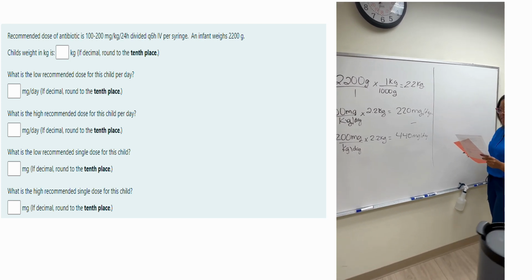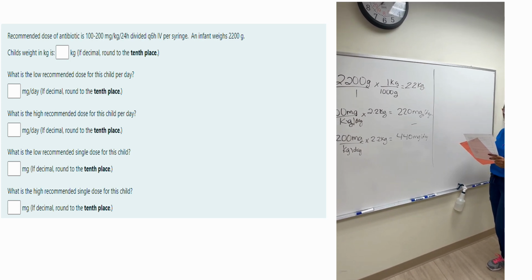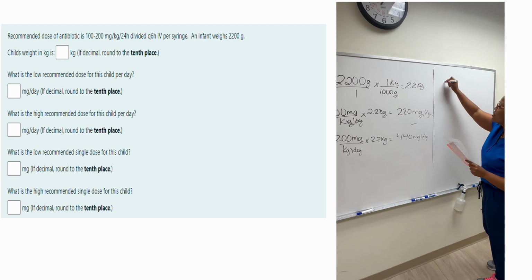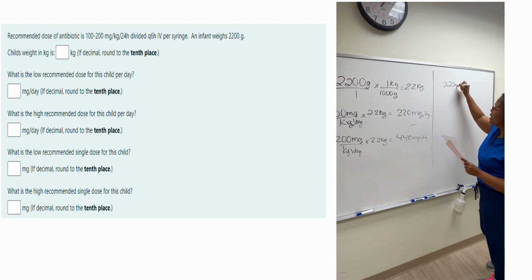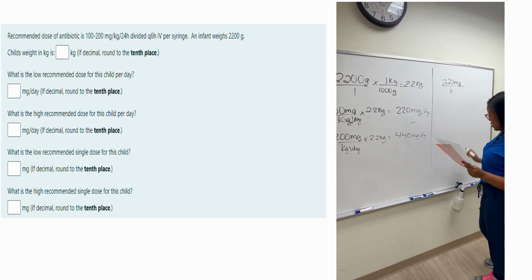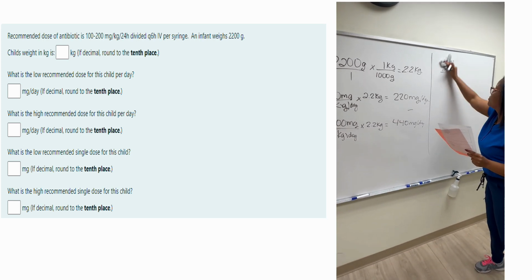So we know that this patient is getting this medication every 6 hours. So what are we going to do? We're going to take the low recommended dose, which is 220 mgs, and divide it by 6. No, we're going to divide by 4. You're wrong. Back me up. Take notes, pause me.